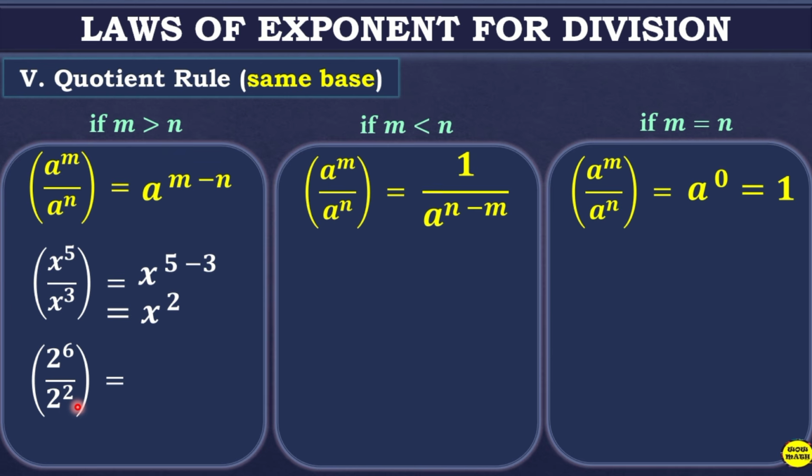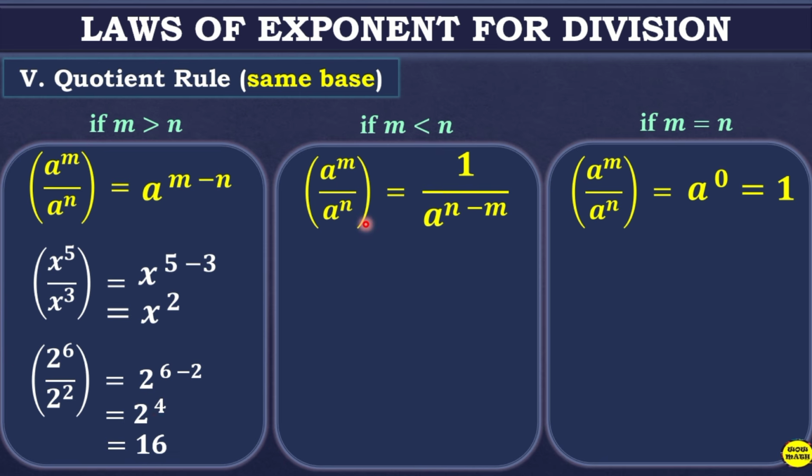Ang mas madali po niyan, i-apply nyo po ito. 2 raised to 6 divided by 2 raised to 2. I-minus nyo po yung exponent. Pag mas mataas ang numerator, minus po natin. 6 minus 2, that is 2 raised to 4. Mas mababa na ngayon. 2 raised to 4 is 16. Ganun lang po.